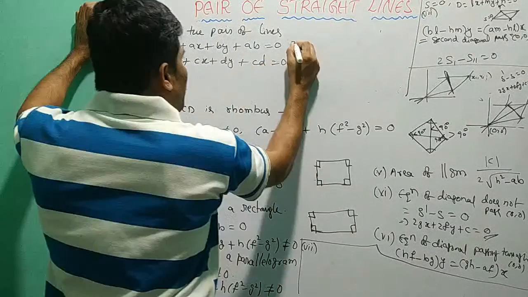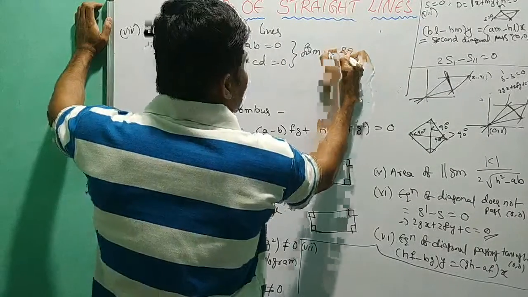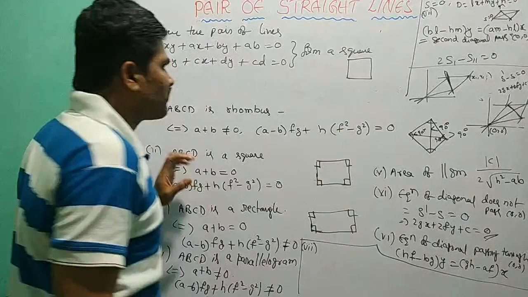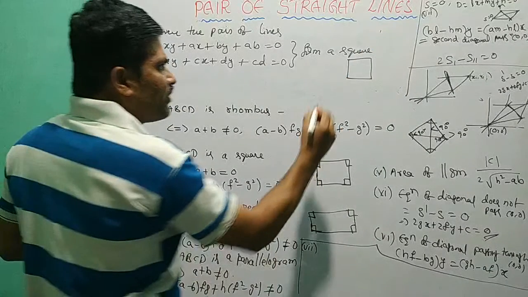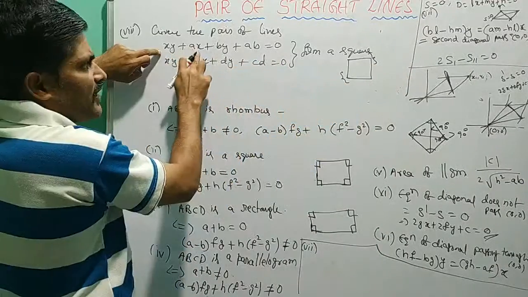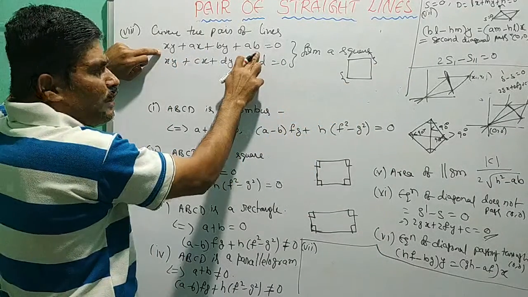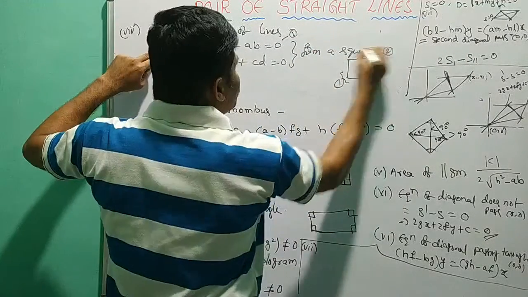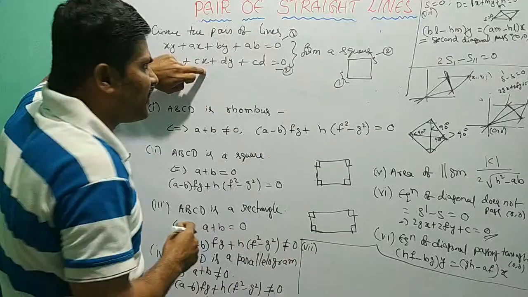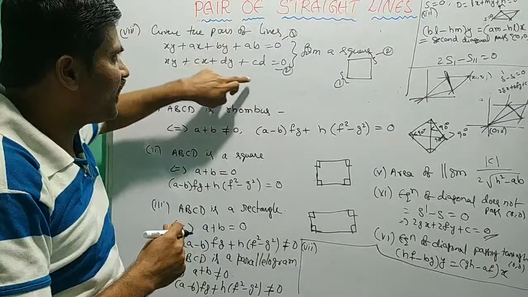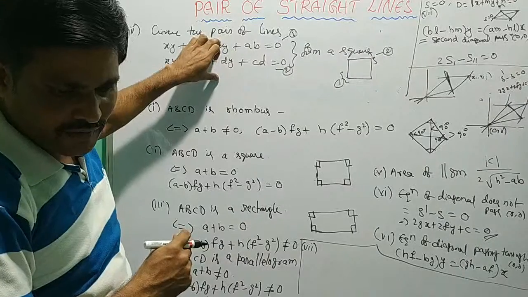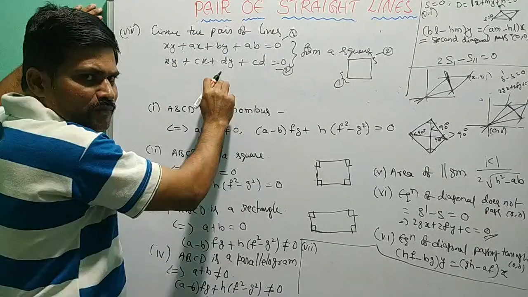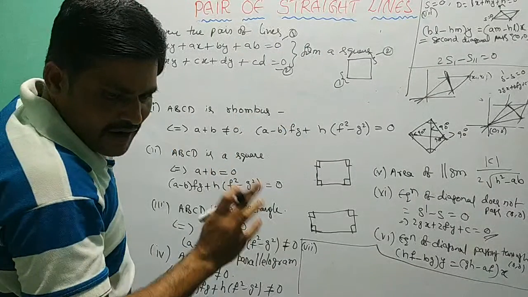These two pairs form a square. So this is one pair, xy plus ax plus by plus ab equals 0, and the other is xy plus cx plus dy plus cd equals 0. Then here are the conditions.